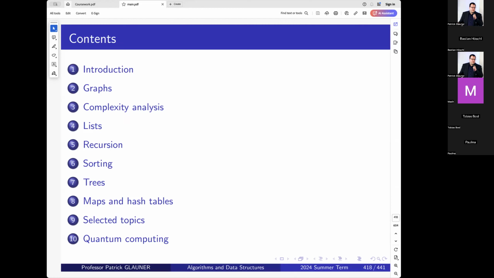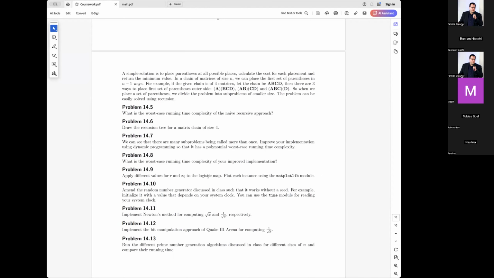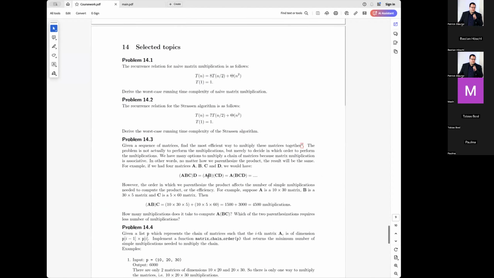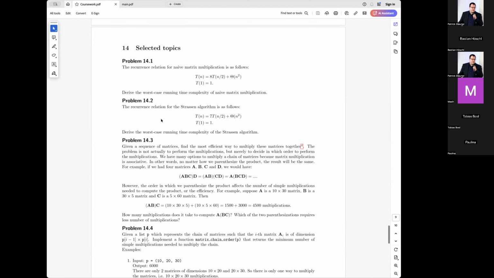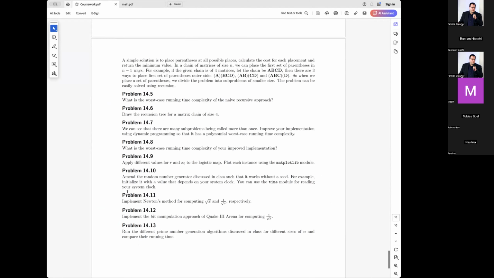If there are questions, maybe just raise your hand here in Zoom so that I can see. So again, there was a question here: if 14.1 and 14.2 plus 11 and 12 are sufficient?